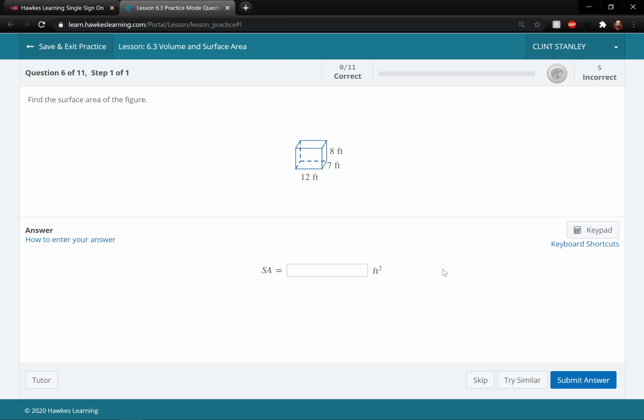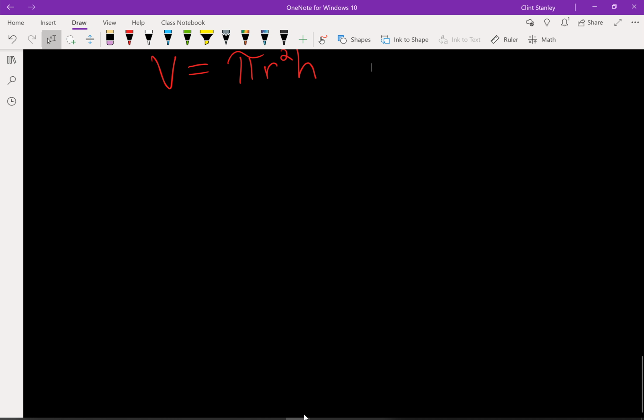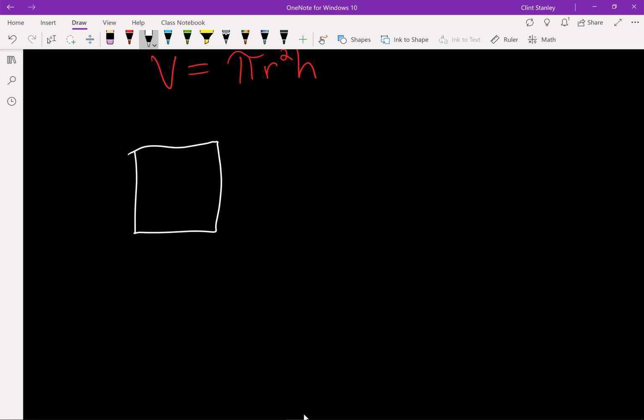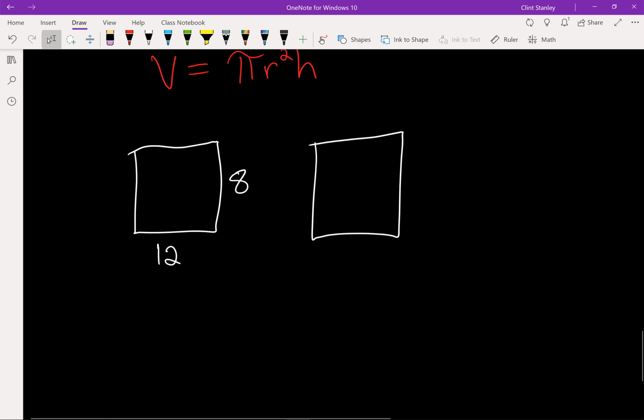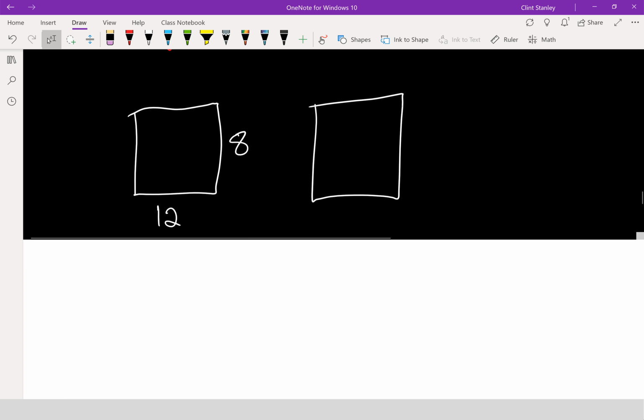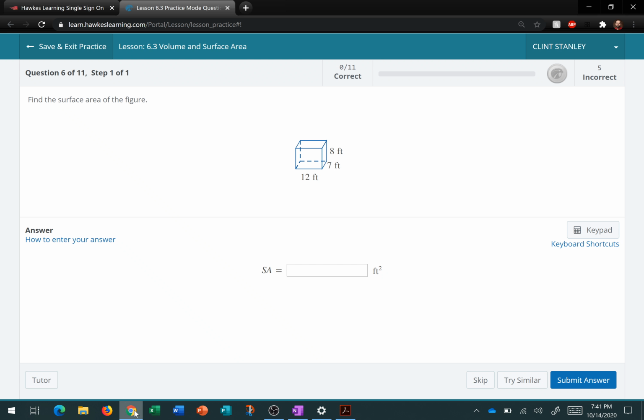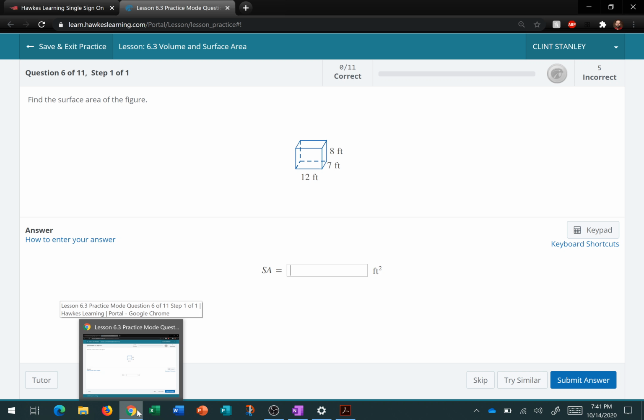I can't draw, you've seen that, so I definitely can't draw 3-dimensional stuff. But what we can do is think about what the 3 different types of sides would look like. So we would have a pair of sides that were 12 by 8. And then we would have another pair of sides that would be 8 by 7.